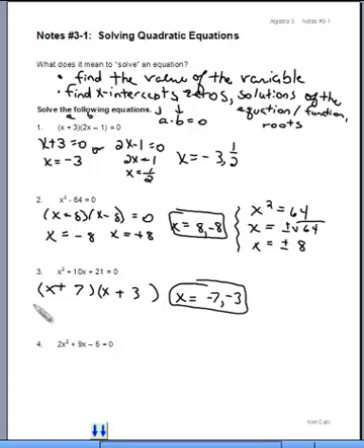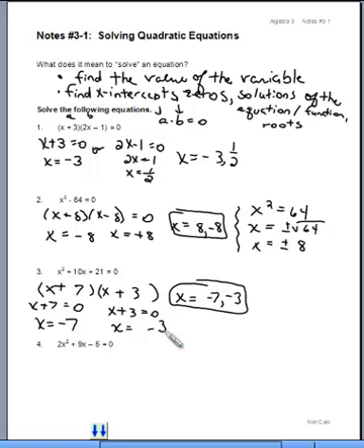Again, the way you get that is you say x plus 7 equals 0, and so x equals negative 7, if you're kind of confused a little bit, and x plus 3 equals 0, and so then x equals negative 3. Okay.